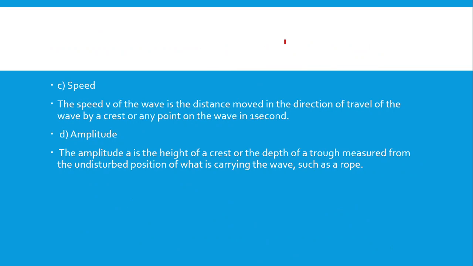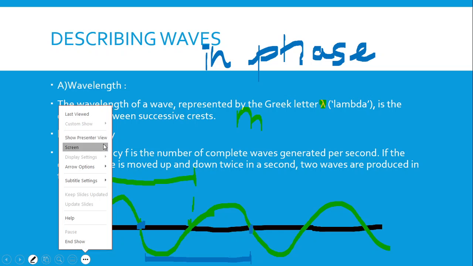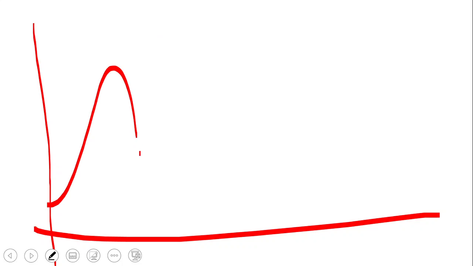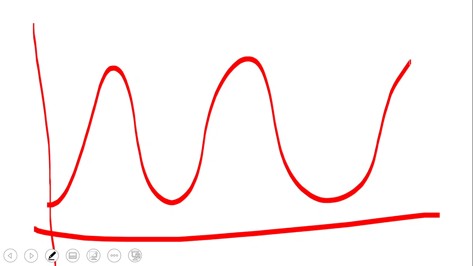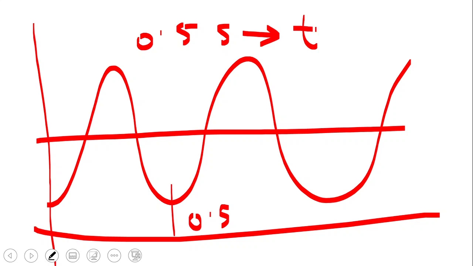Sorry. I'll have to draw that again. It's okay, just make a rough sketch. The thing that I was basically saying is that if the time taken for one complete wavelength is, let's just say, as we saw, 0.5 seconds, 0.5 seconds is the time period.